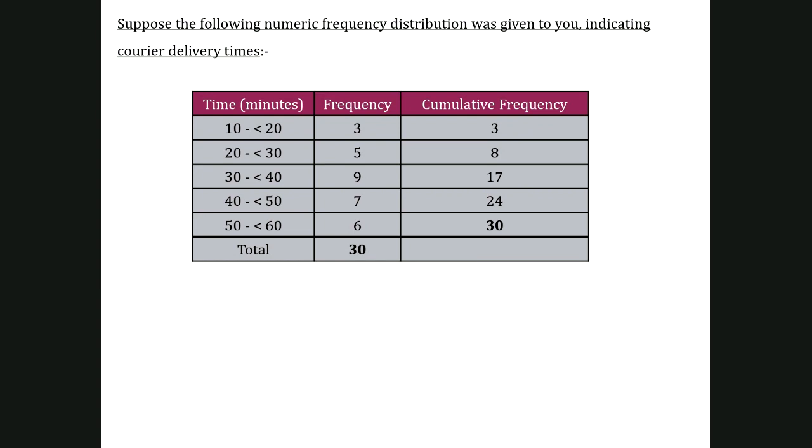Remember, we said that the formula we use when calculating it is Q1 is equal to your lower limit plus, then you have a bracket with a numerator that says n over 4 minus the sum of the frequencies in the groups before the group you selected, over the frequency of the group you selected, multiplied by C. So this is your formula for it.